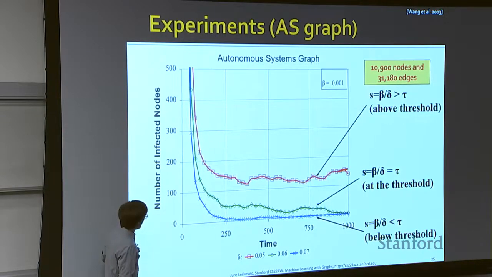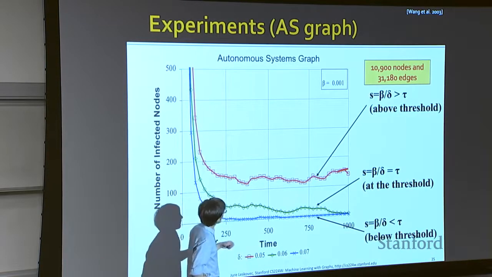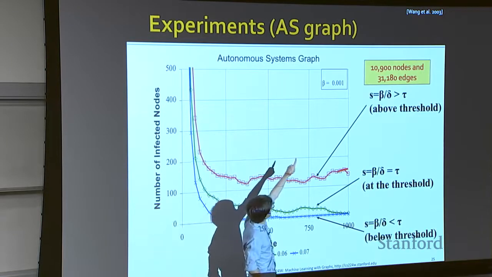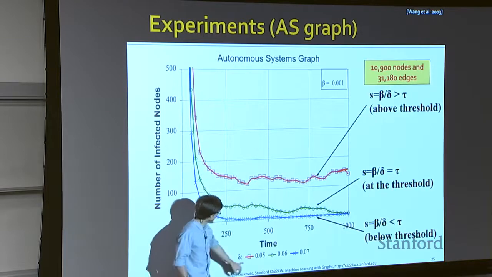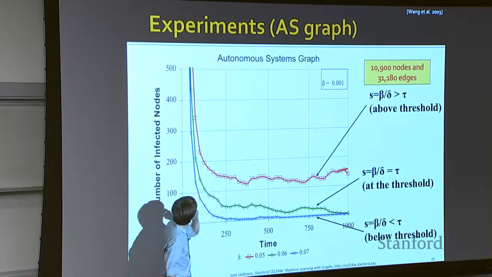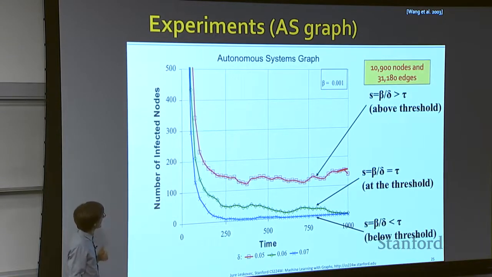We are fixing beta to be a fixed number, and then we are changing delta so that beta over delta has different values. Beta is 0.001, and delta is 0.05, 0.06, 0.07. The x-axis is time, the y-axis is the number of infected nodes.